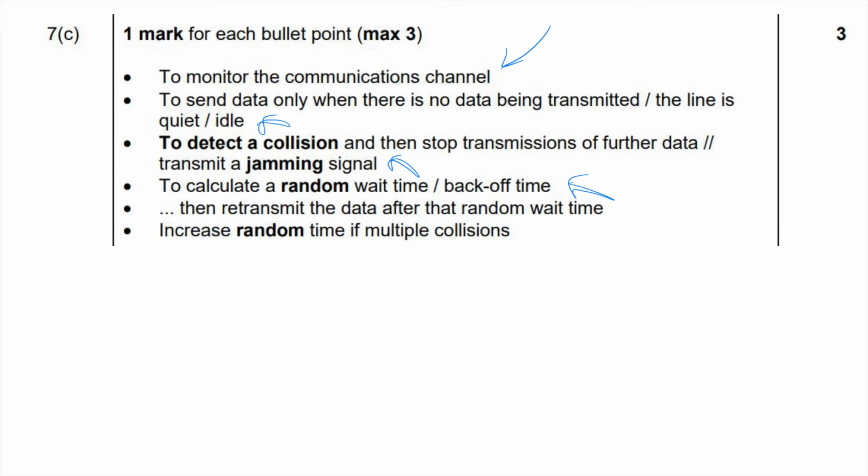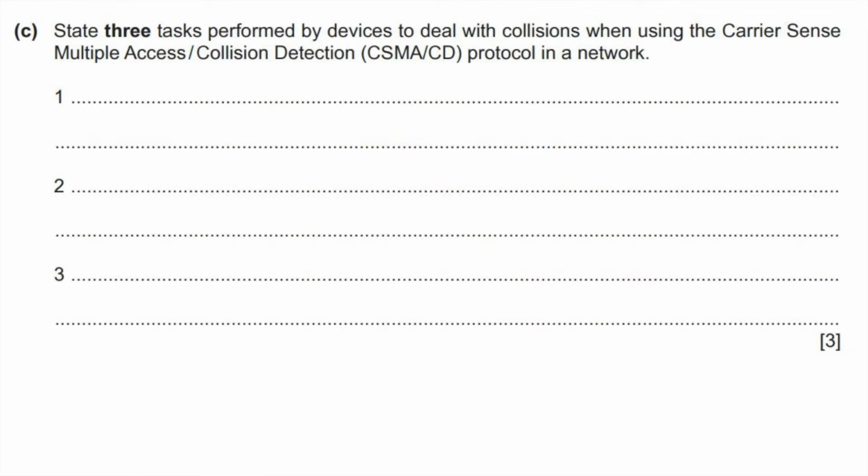And if there are multiple collisions, we might increase the random time. That is something I actually don't know what it means. What I imagine it means is that we might increase the amount of time we wait between sending signals in some random way. But either way, you just need to know three of these, and these are already aspects of the CSMA/CD protocol that we saw before.